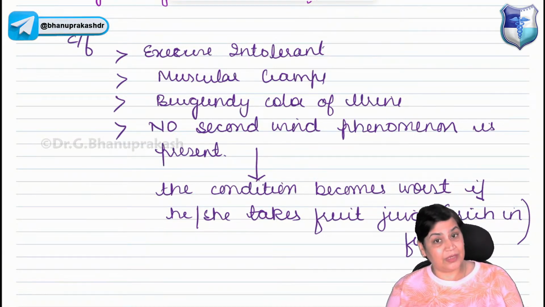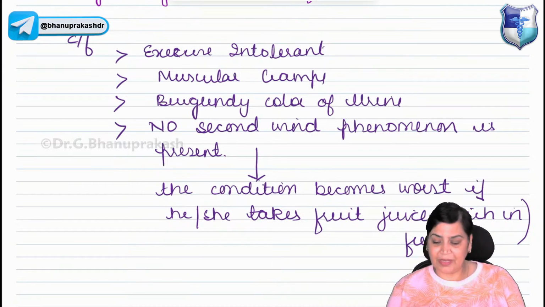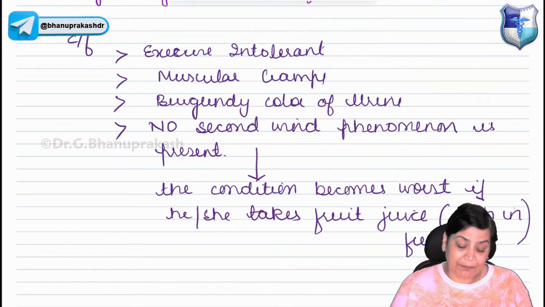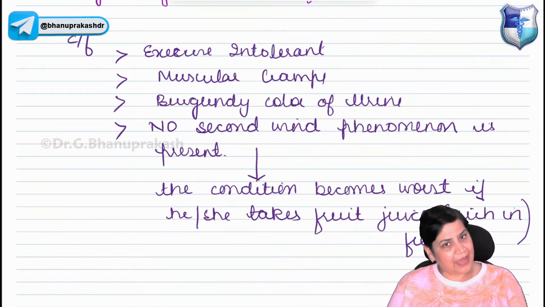Where will the muscle get energy from? The muscle should get energy from one way or the other, from a direct way or an indirect way. If the direct way is absent, the indirect way is making the condition worse. So this is the basic difference between McArdle's disease and Tarui's disease.